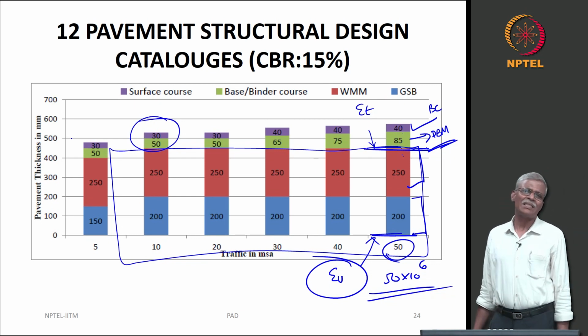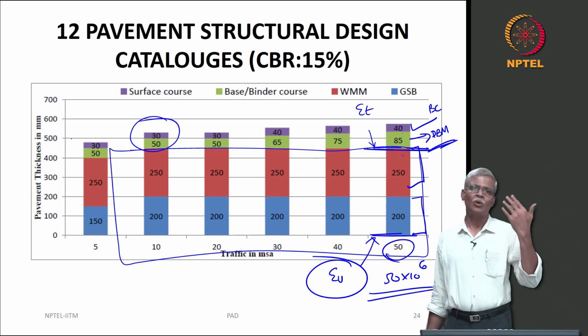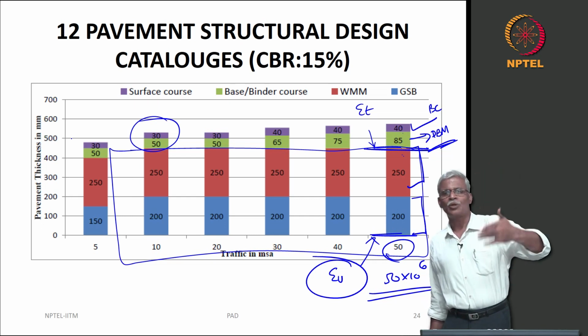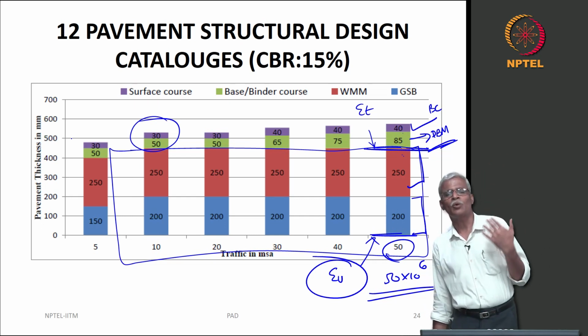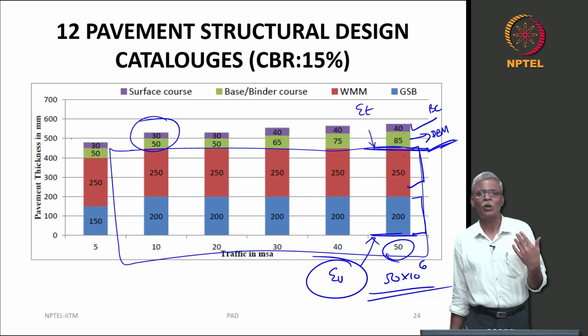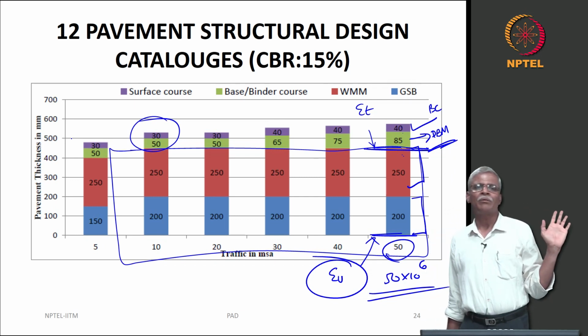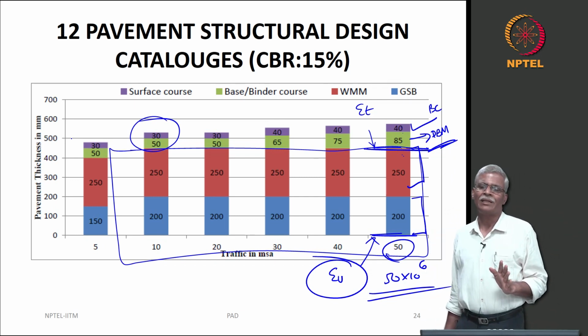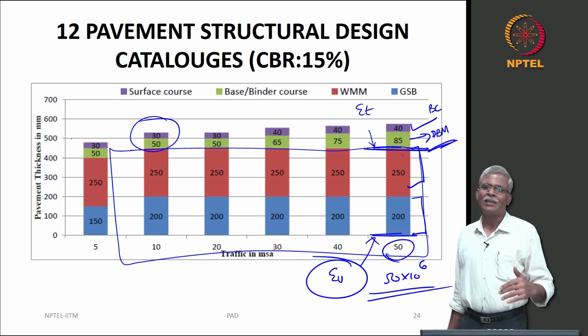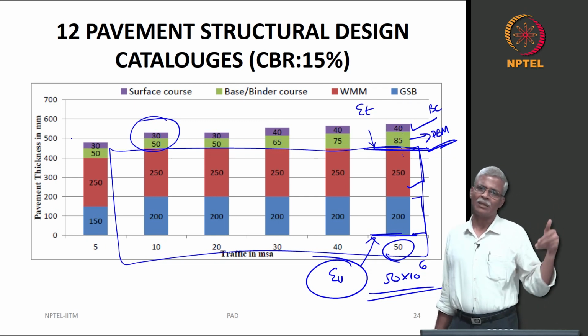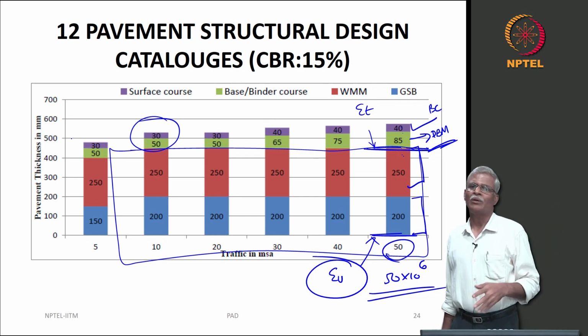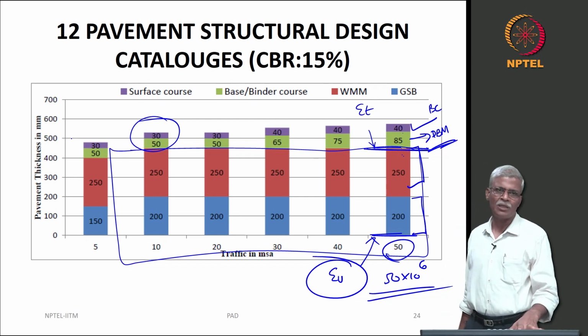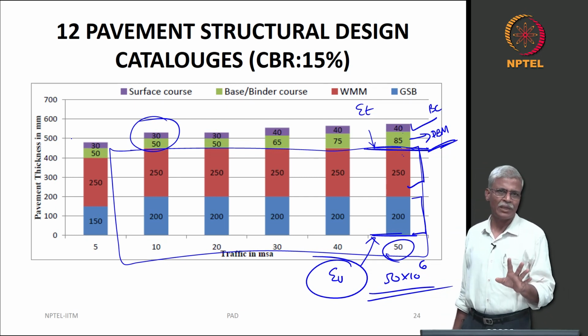I think it is a nice strategy, because when you really want to scale up, if the traffic repetitions are more and you are doing a rehabilitation, you need to keep adding different layer thicknesses and so on, and at that time you do not want to start digging all the way up to the granular layers. You do not need to do that. So that is the whole idea that is given here, okay.